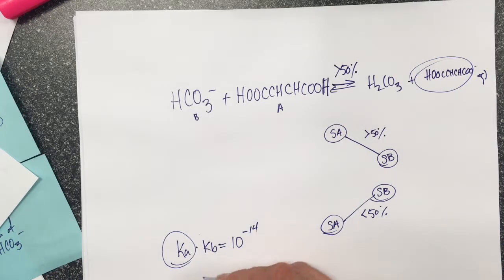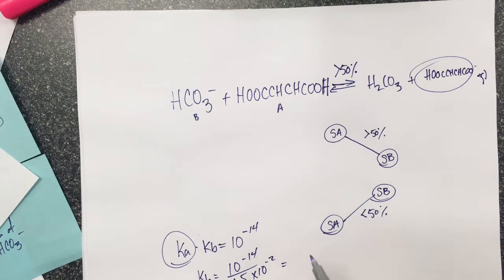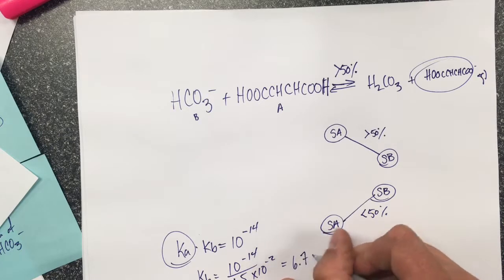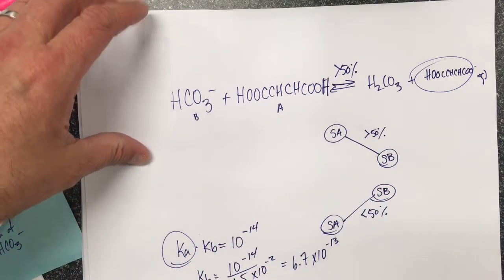So my Kb is going to be equal to 10 to the negative 14 divided by 1.5 times 10 to the negative 2. And if I put that into my calculator, I should be able to determine the Kb, and it'll be 6.7 times 10 to the negative 13 for the hydrogen maleate ion.